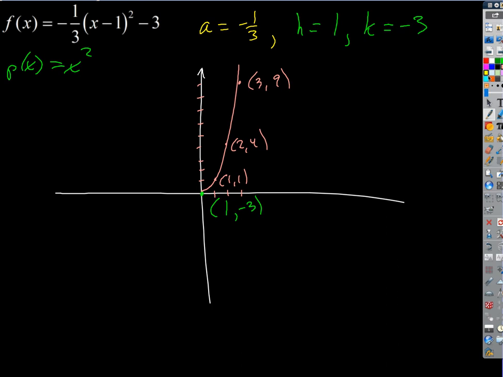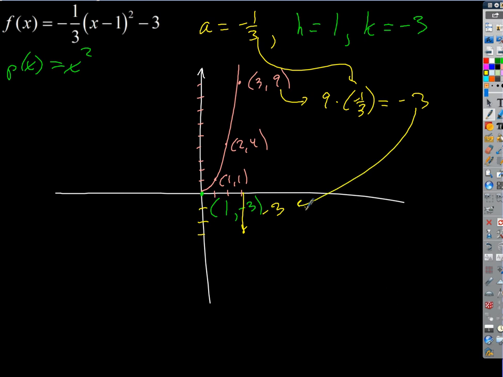So if we take that 9 times -1/3, what is that? -3. Good. So instead of going over 3 and up 9, we're going to go over 3 and down 3, right? Because of that calculation.